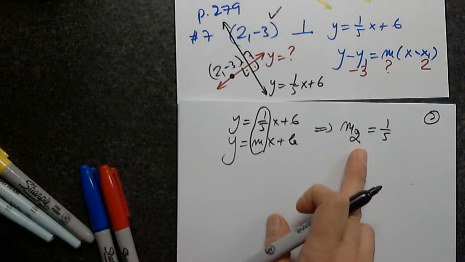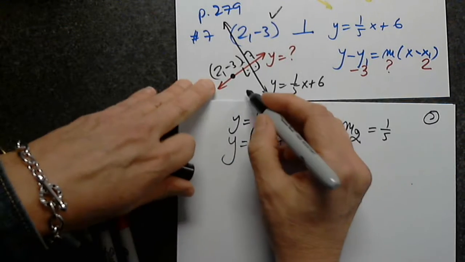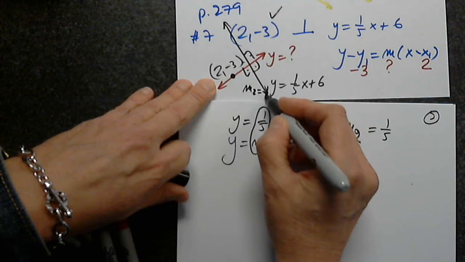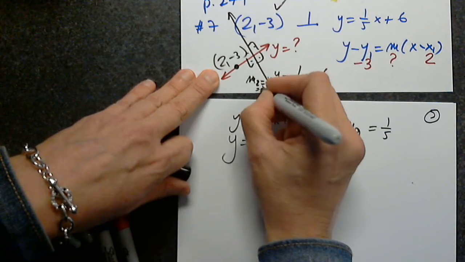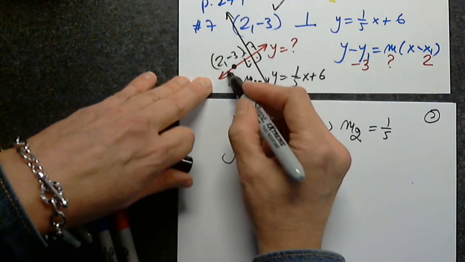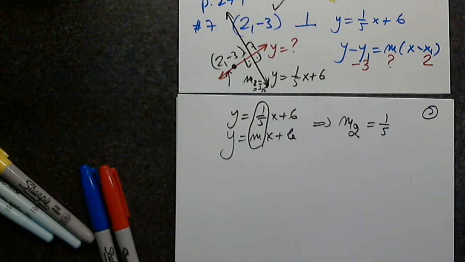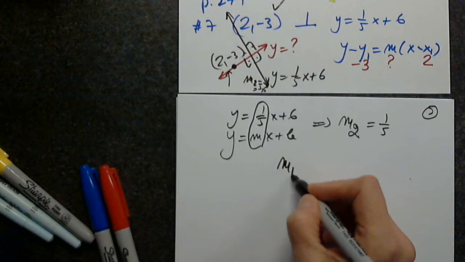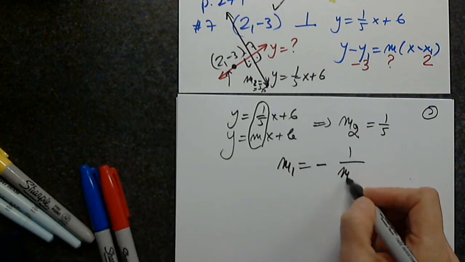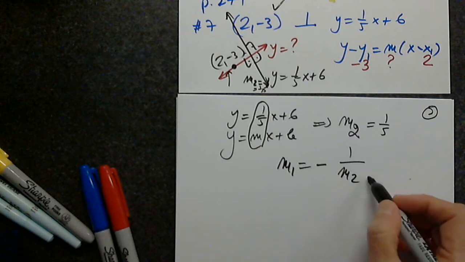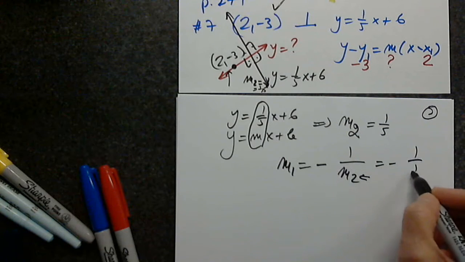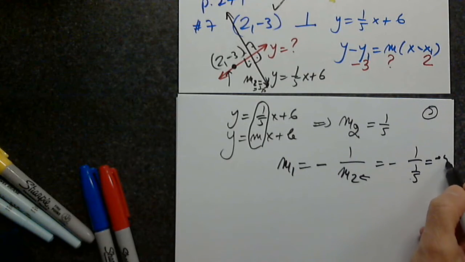Is the slope 1/5? Yes. Agreed? Okay. So if the slope of this line is 1/5, then what is the slope of the red line? Last time we refreshed our memory on the fact that m1 must equal negative 1 over m2. If m2 is 1/5, the answer must be negative 5.